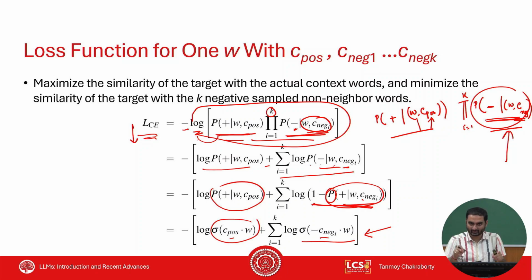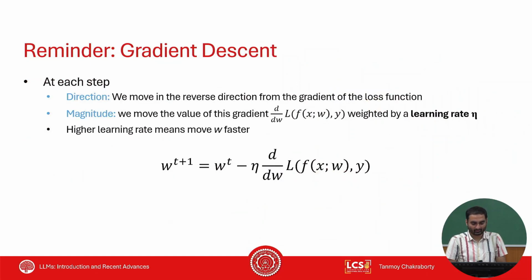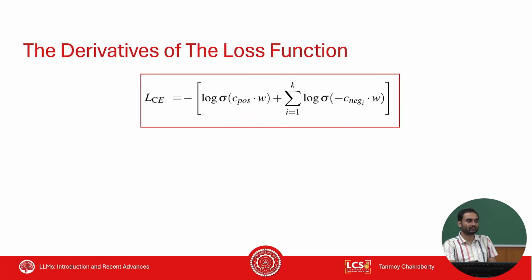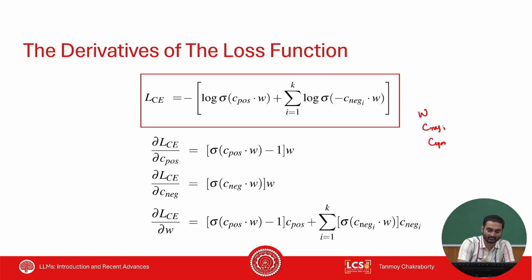So in this bulky embedding matrix, we have only W and C, or whatever T and C. This I already mentioned, and I will use gradient descent to update this. So this is the loss function. There are parameters W, C neg, and C pos, and we take the derivative. Let's look at the derivative, a very simple, straightforward derivative. You take the derivative of this with respect to C pos.